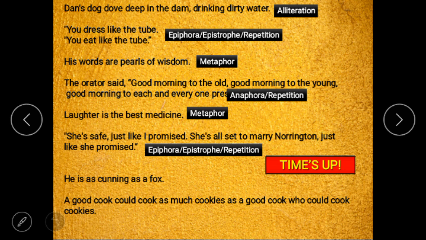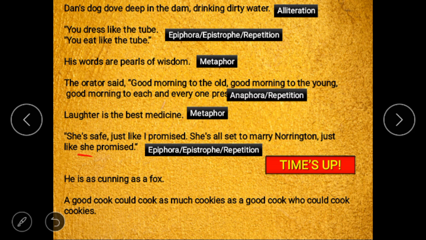And you can also say that because of the word "promised," it's epiphora or epistrophe. It cannot be anaphora because "she" is not being repeated properly. Like in the first two clauses, "she" is in the beginning, but in the last clause, it's at the end. That's why it's not a very good example of anaphora. The last clause spoiled it, we can say that.